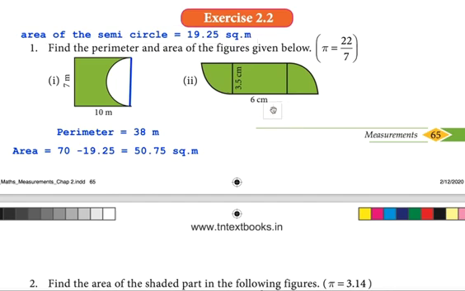We are finding the perimeter now. Perimeter: 11 plus, if you traverse like this, you will traverse this distance, that is 3.5. Once again, one more time, 3.5. So that came out to be 7.